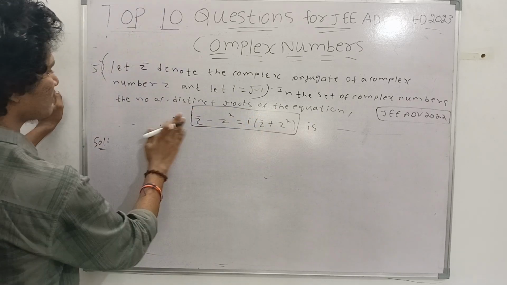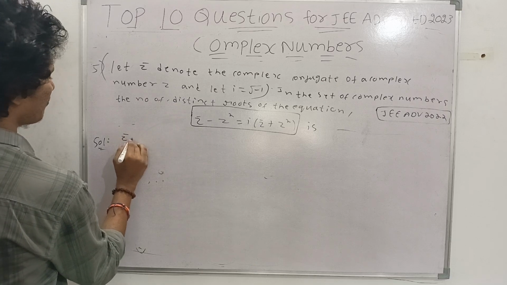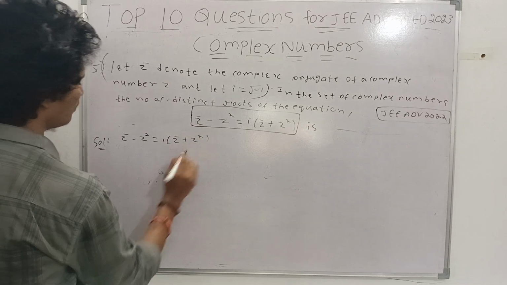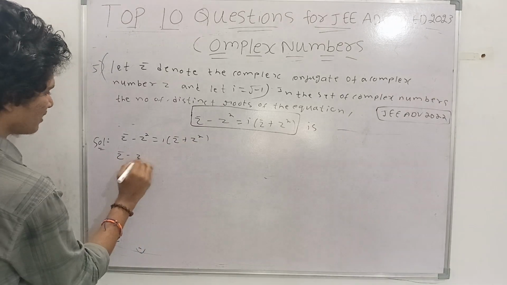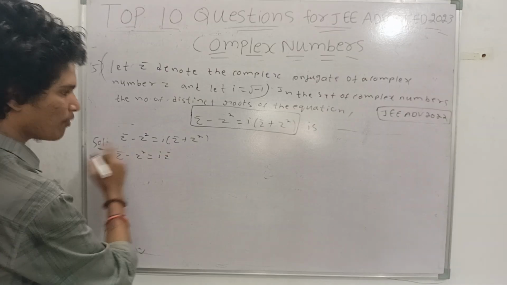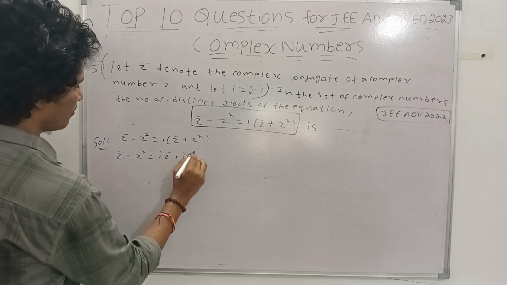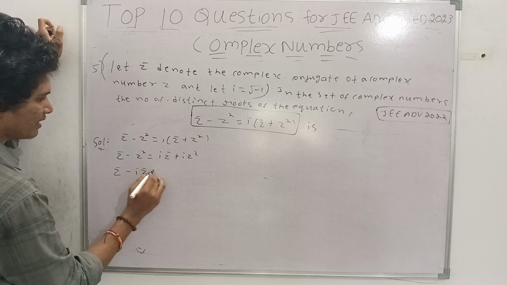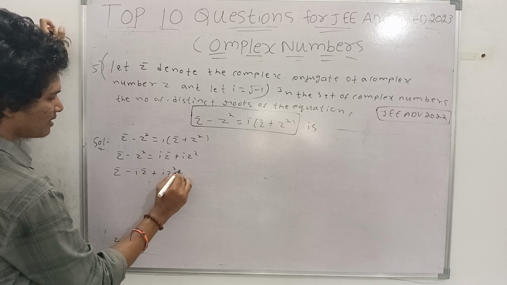So now let's solve this equation. z bar minus z square equal to i into z bar plus z square. If you multiply by i, z bar minus z square equal to i z bar plus i z square, and if we shuffle the terms, z bar minus i z bar equals i z square plus z square.